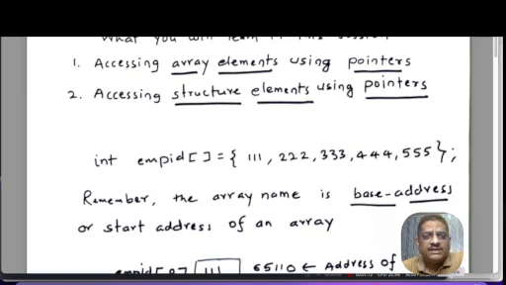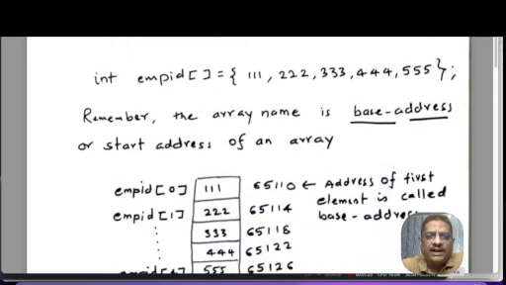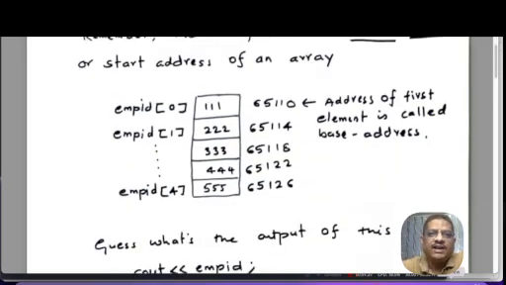Now here I have considered one array, employee ID, and I have made use of static initialization. Directly I have stored the values. After storing these values in an array, see, this is the way it looks. Now, whenever we allocate memory for an array, it uses addresses.